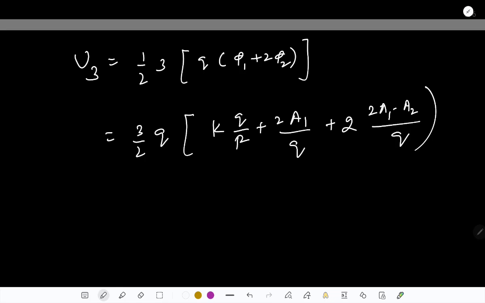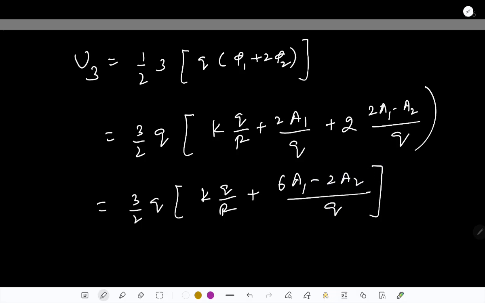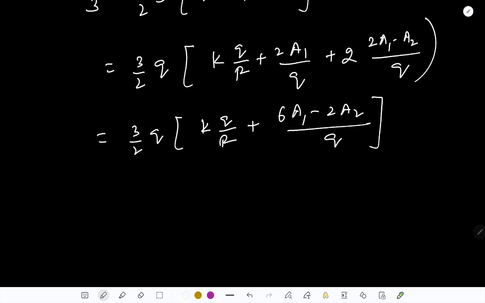I can also solve it, and what I get from here is 3 by 2 q times kq by r plus 6a1 minus 2a2 by q. From the law of conservation of energy we can write u naught plus work done a3, which in this case was required, equal to u3.